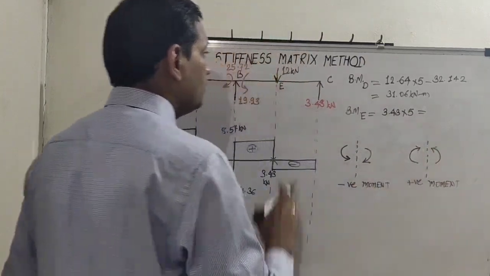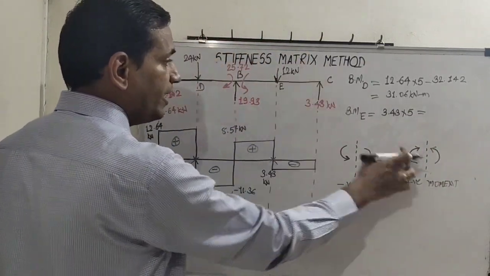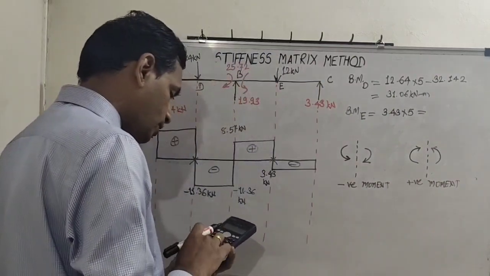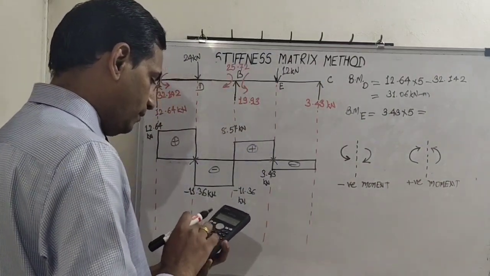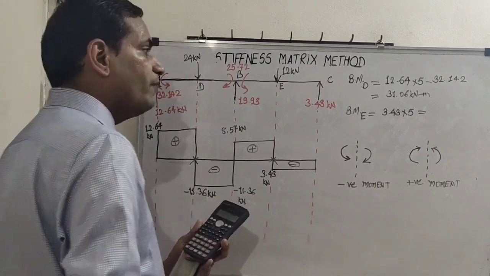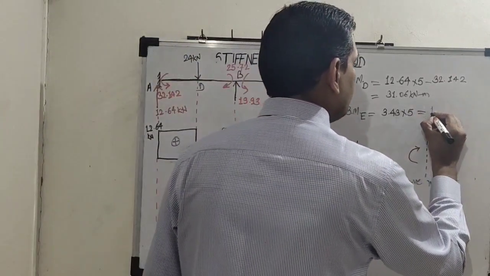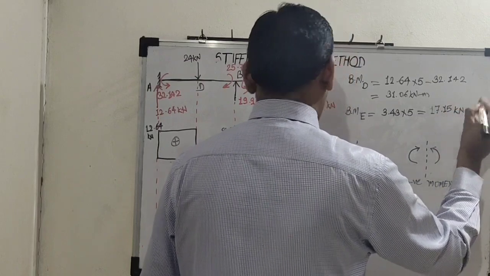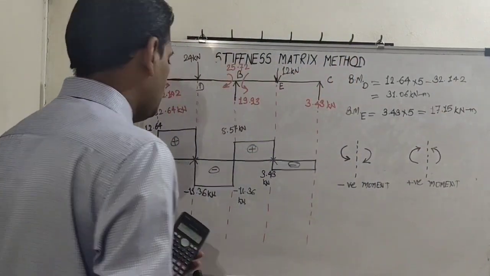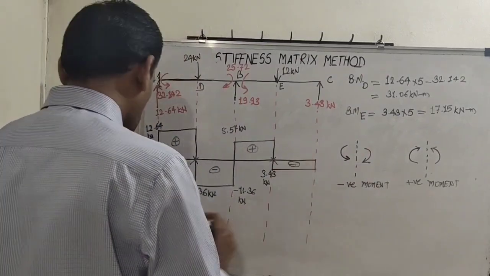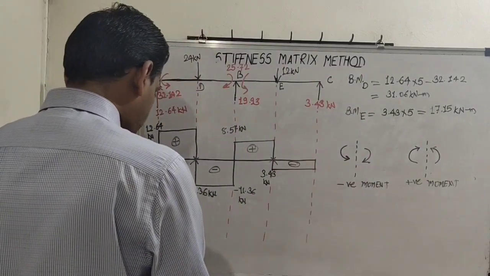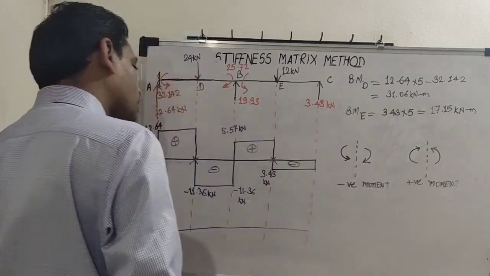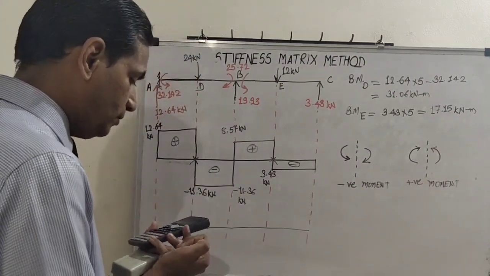Hence this is positive. Anti-clockwise on right hand side of the section. So 3.43 into 5, answer is 17.15 kilonewton meter. Over.